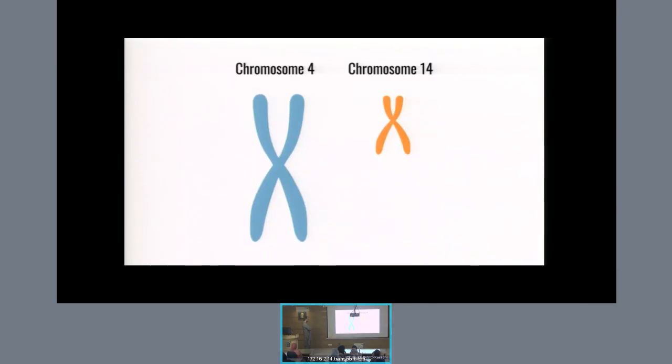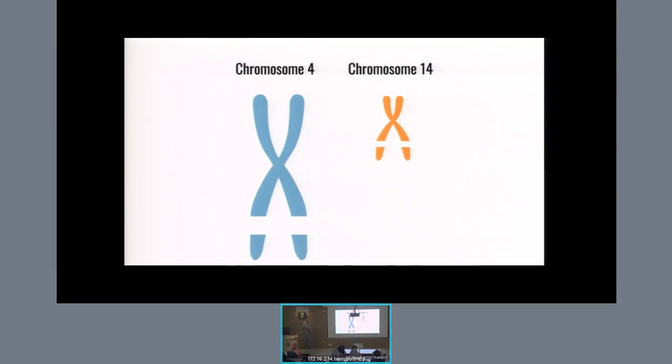Chromosomes do have a tendency to break and rejoin. Now, if I break chromosome 1 or chromosome 4 and rejoin it, no loss, nothing, no problem. We just broke it, rejoined it. And cells do a lot of that. They repair chromosomes all the time. But imagine if chromosome 4 breaks, and so does chromosome 14. It breaks.